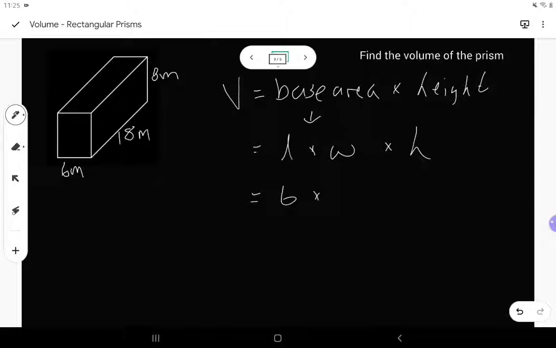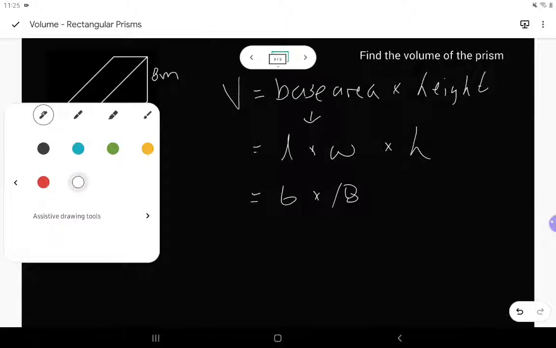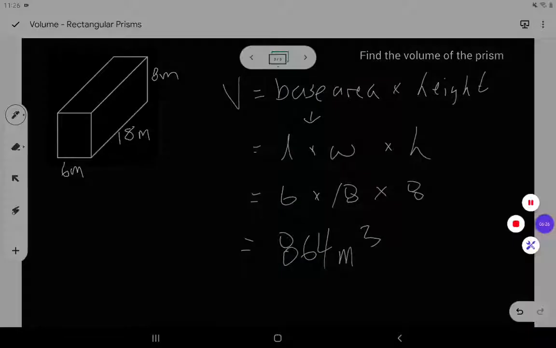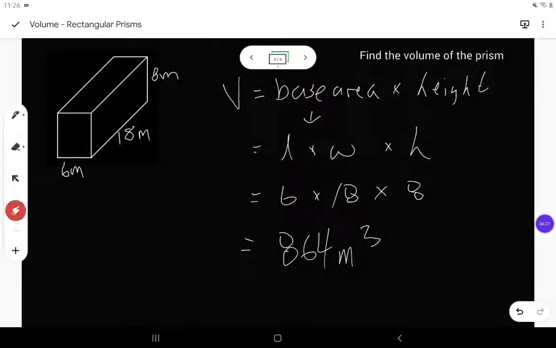My width would be the 18 going along this dimension here. And my height would be 8 going from the bottom to the top there. 6 times 18 gives us 108. And then 108 times 8 gives us 864, and this would be meters cubed. Remember, our units are cubed that we're putting on.